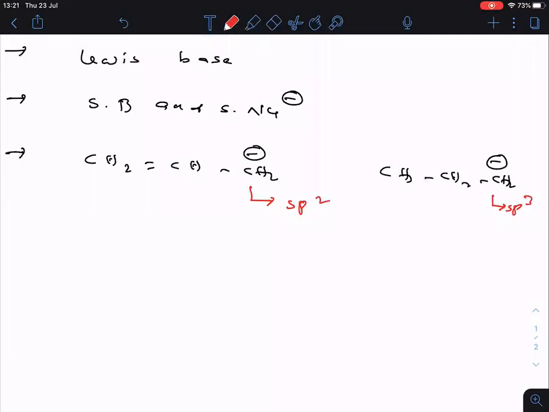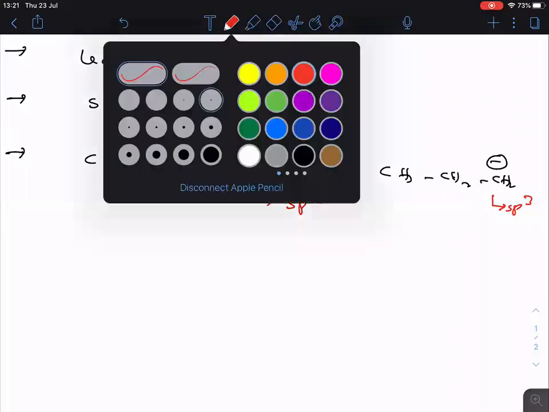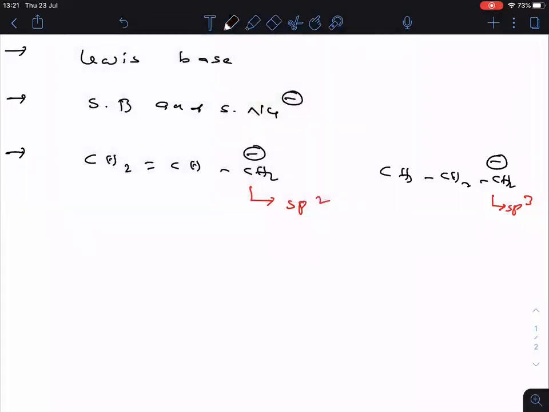Therefore, hybridization is sp2. Clear, everyone? When it is sp2, when it is sp3? Now try to understand the concept clearly.